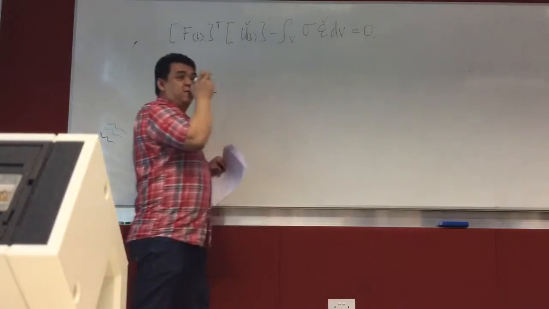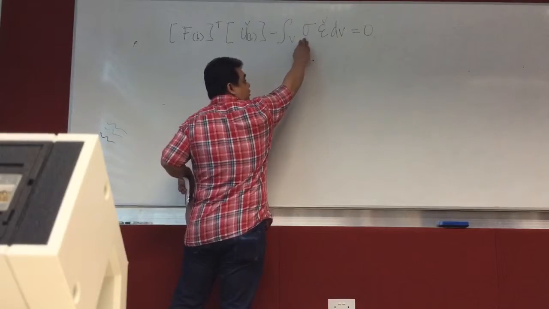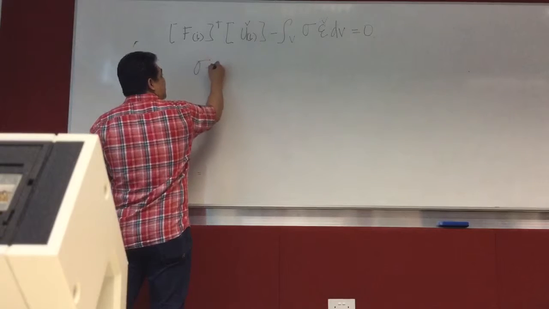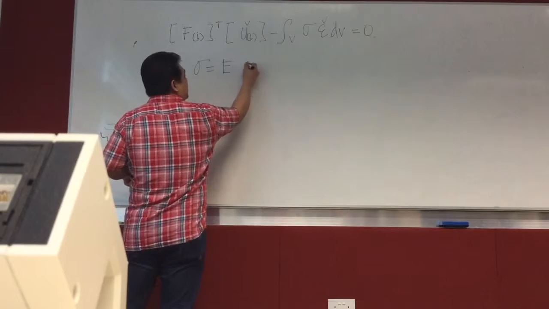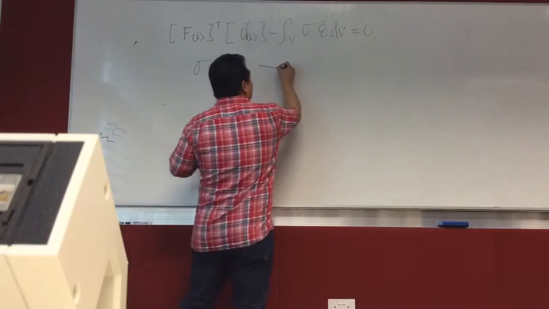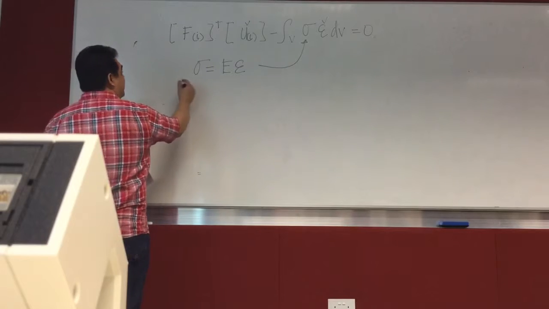What is the equation for stress? So this is not virtual. So what is the equation for your stress? Your stress is equal to your modulus multiplied by your strain. So we want to bring it here. So once you bring it there, what happens?